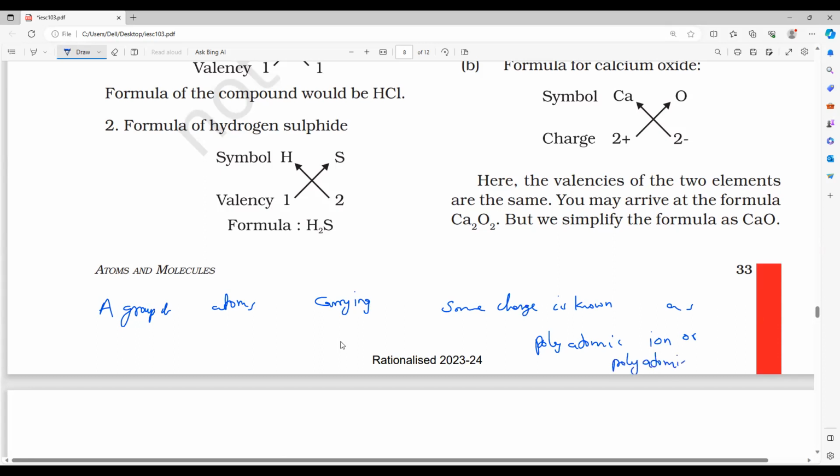So ions we can also call radical. Okay, polyatomic ion or polyatomic radical.